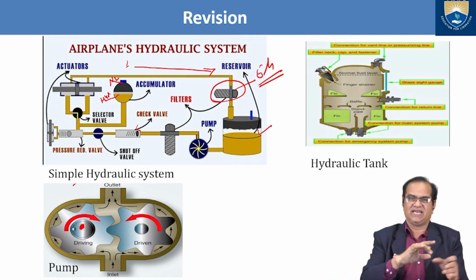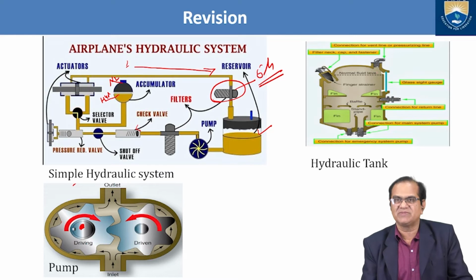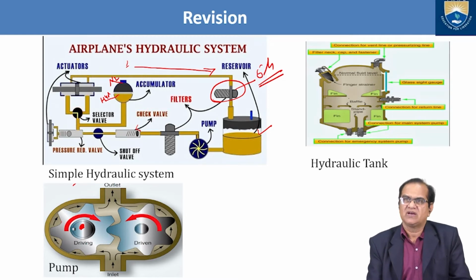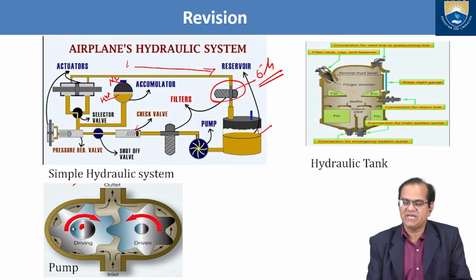It will go here and there. To prevent that, we have to design the hydraulic system in such a way that there are some fins, a number of fins, and in between the fins we have the baffles. So the fluid is restricted. It will not go all of a sudden, and a very smooth transition from upper to lower and lower to upper will be there.